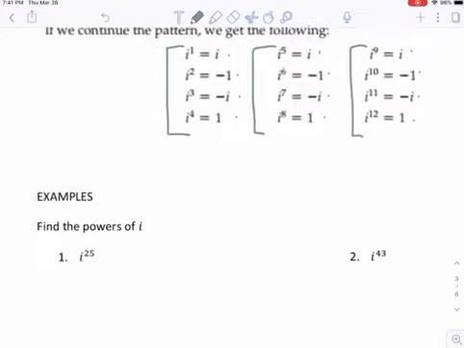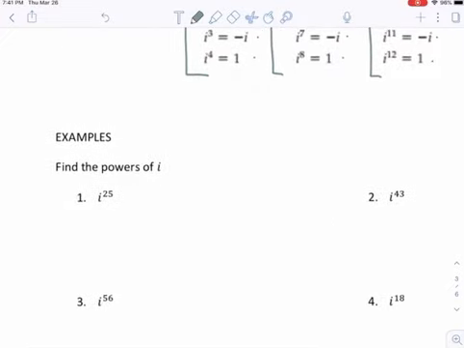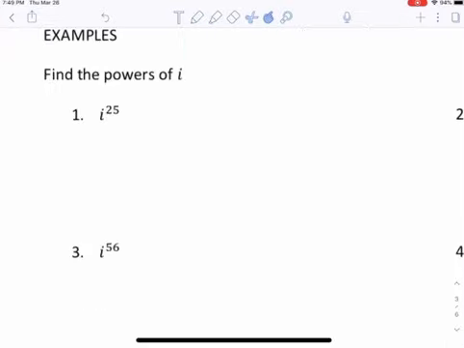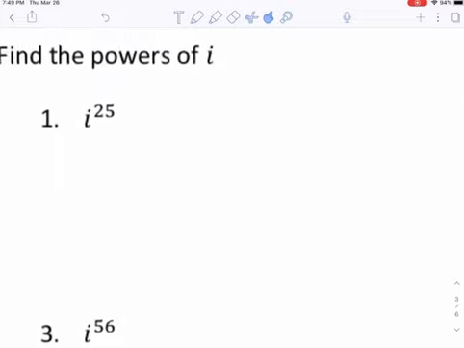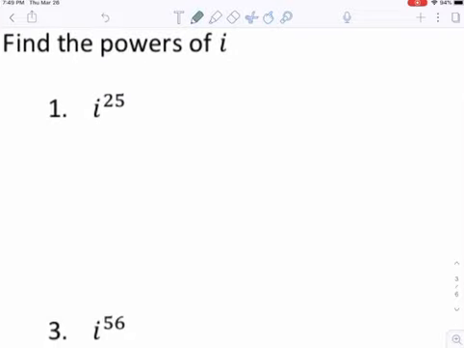That is how we're going to simplify problems like number 1. So I want to find the powers of i, which means I want to simplify this as much as I can. What is the most basic power that I could break this up into? Literally all you want to do is find the biggest number under 25 that is divisible by 4.